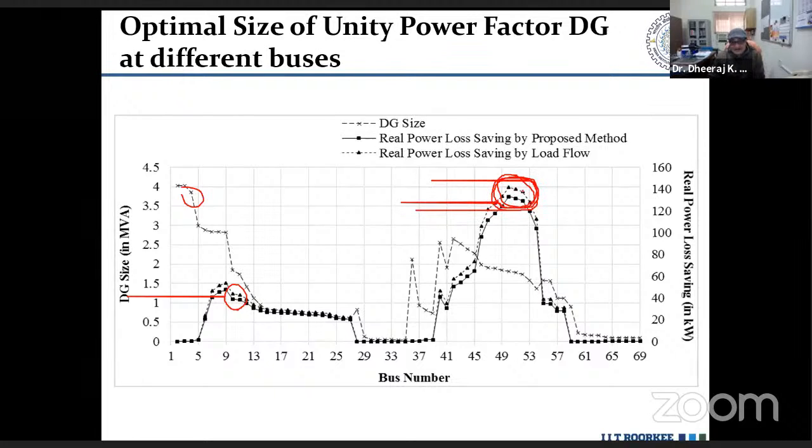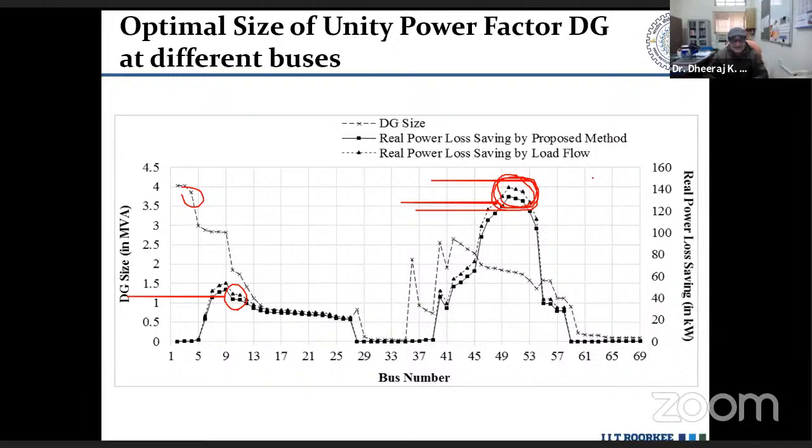First of all, here we can see that there is a little bit of difference in real power loss saving by proposed method and by load flow. This is because in proposed method we have not considered the variation in voltage because of DG placement. In actual practice, when we place DG, voltage profiles also improve. But while deriving the proposed expression, we have not considered this fact.